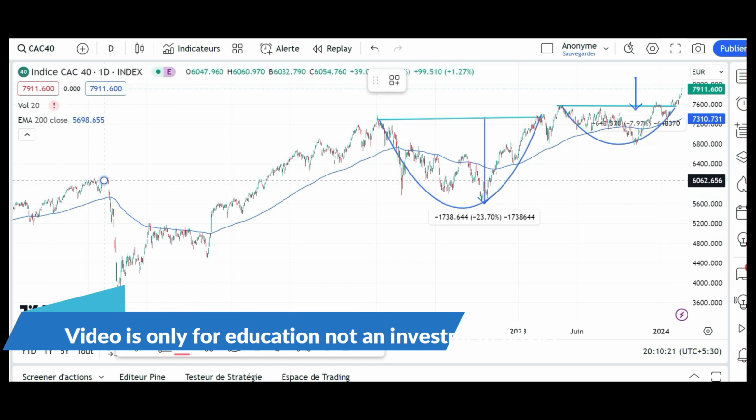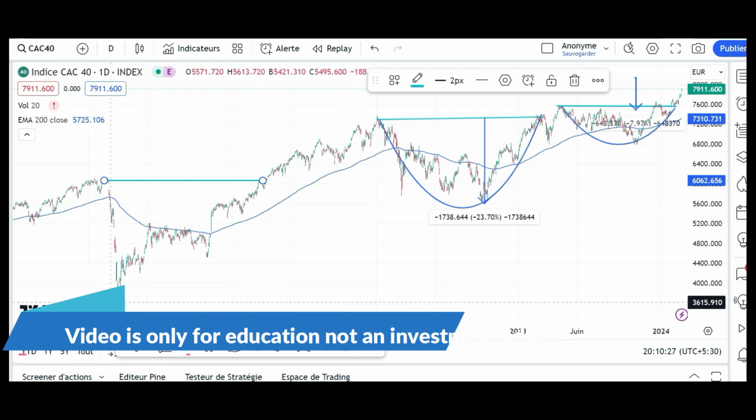At one time the CAC was around 3,600 in 2020. After that, it hit a low in 2022, at 5,420. Once again, a few months ago, it had hit its low at 6,700. However, now the stock market is really high.